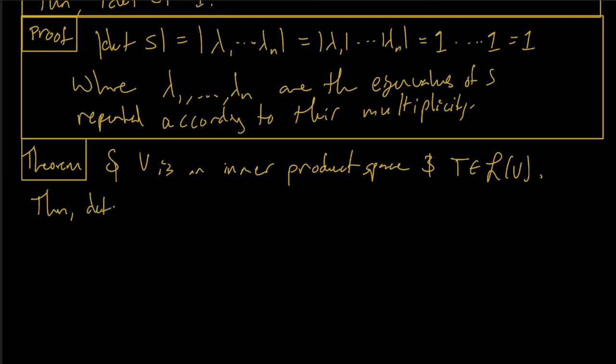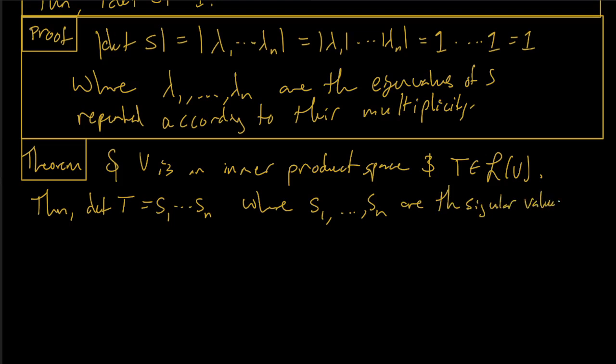Then the determinant of T is equal to s1 through sn, the product of s1 through sn, where s1 through sn are the singular values of T. Ooh, kind of cool.